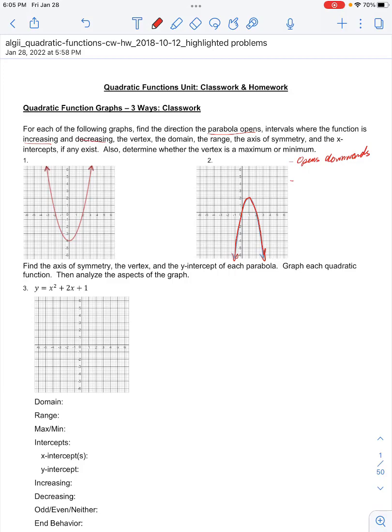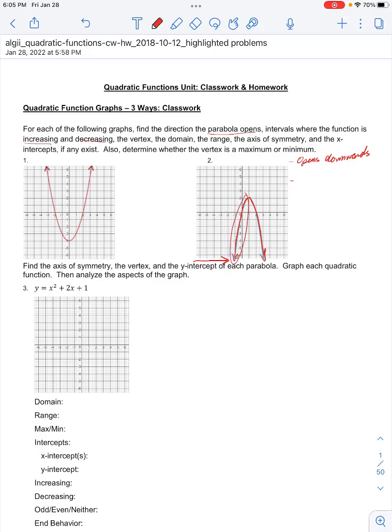Next, they're asking for the intervals where the function is increasing and decreasing. So it increases as we move from left to right on the x-axis. So the portion where it's increasing is where the y values are greater as you move from left to right. So that would occur for this portion of the function.